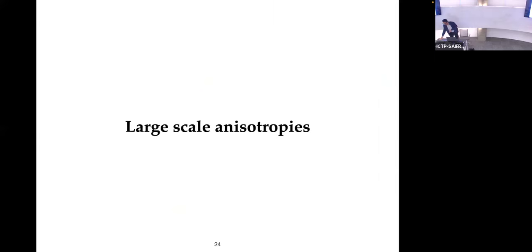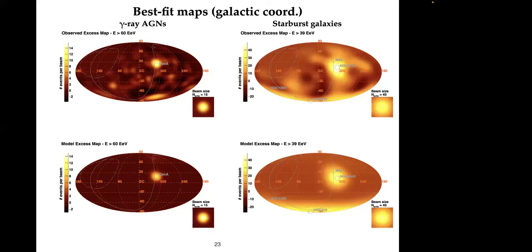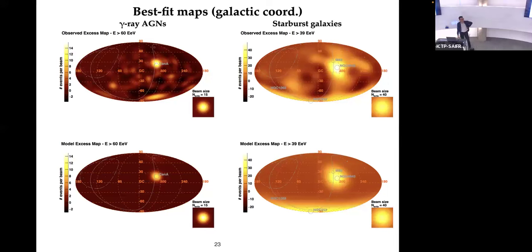So 3.9 sigma is an indication. It's interesting. We are following this for a few years, but it's around 4 sigma. Mechanisms for acceleration are known in Starburst. 4 sigma in cosmology is like a press-release detection.